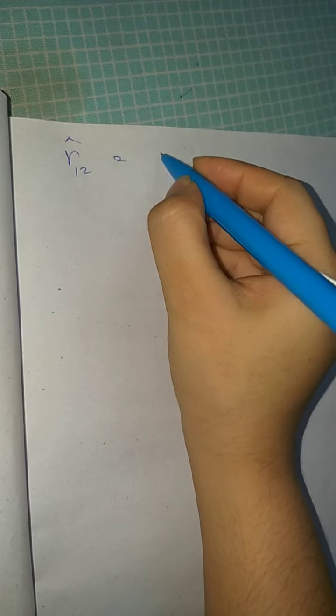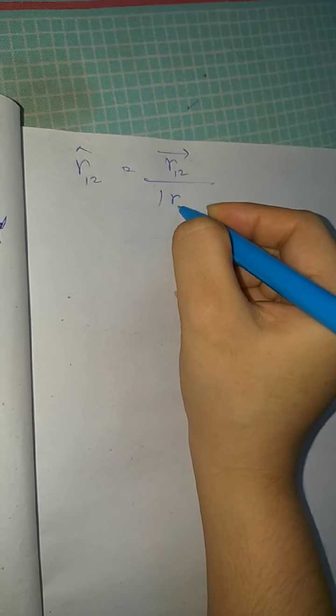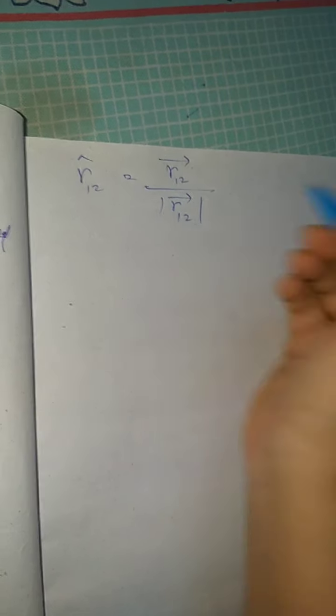If R12 cap represents the unit vector along R12 vector, then we can write R12 cap equals R12 vector by mod of R12 vector.